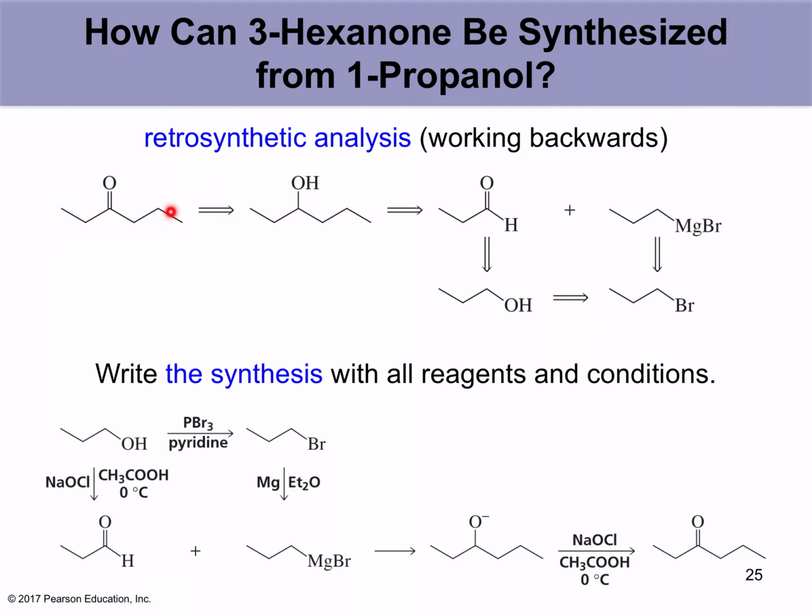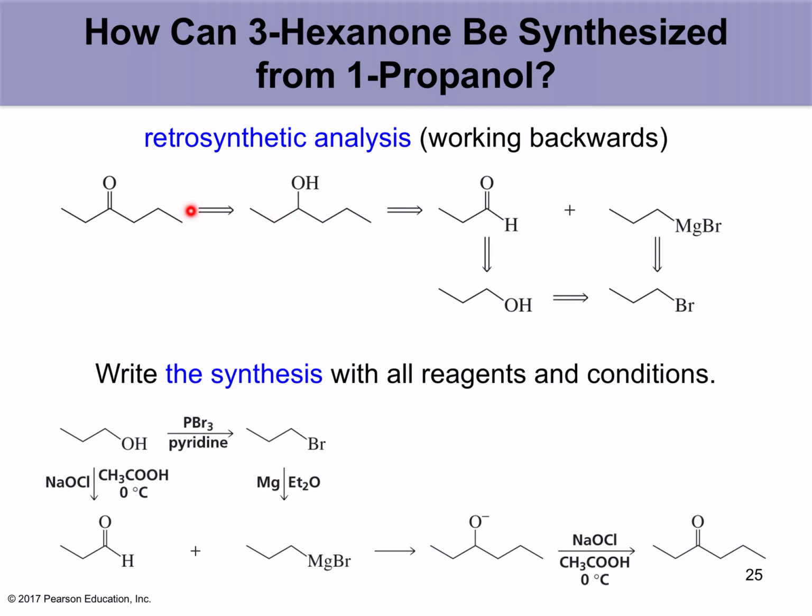So you have this one, and we want to start from propanol. Then we can think, okay, you started with the ketone. How about we try to do it with a Grignard reagent? From a Grignard reagent, you can make an alcohol.